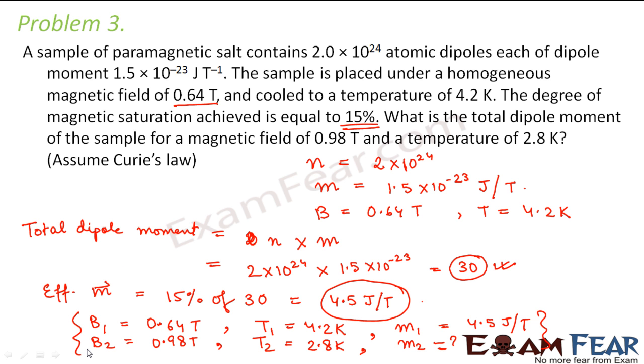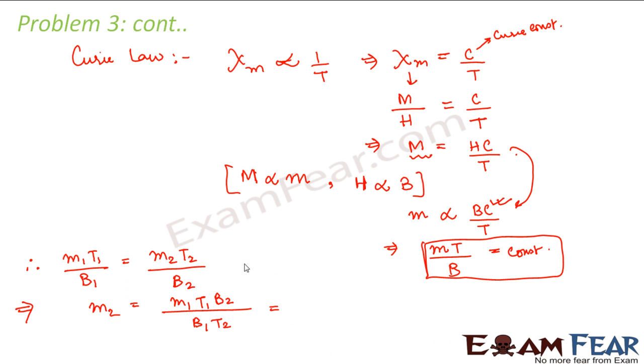M1 is 4.5, T1 is 4.2 Kelvin, B2 is 0.98 Tesla, B1 is 0.64 and T2 is 2.8.